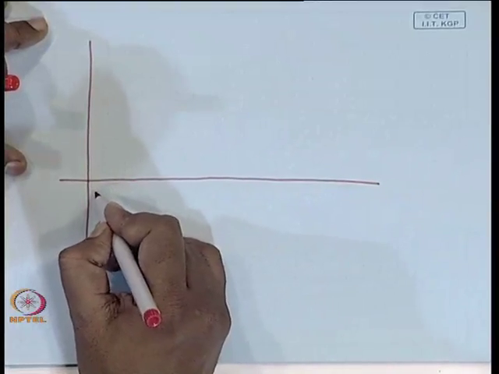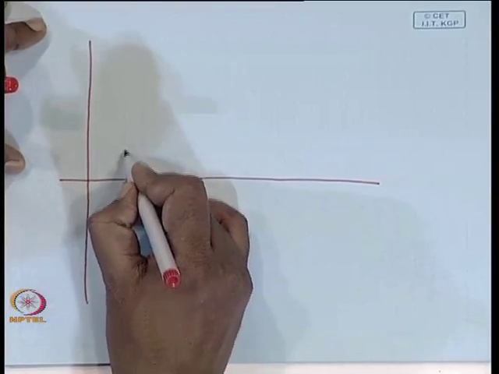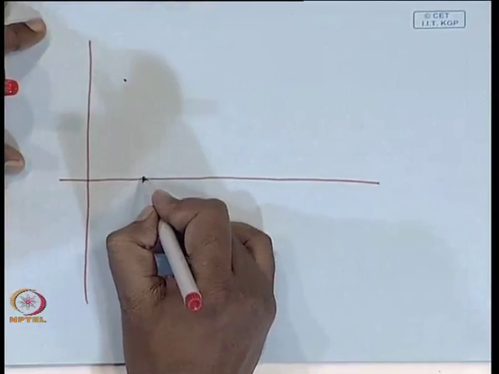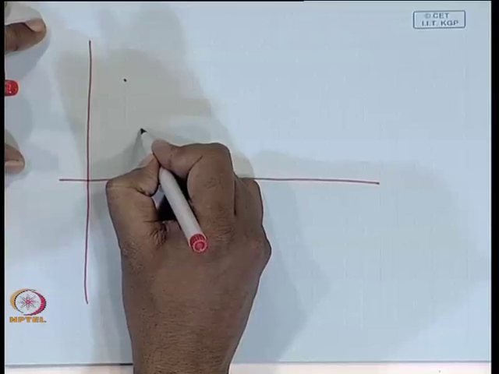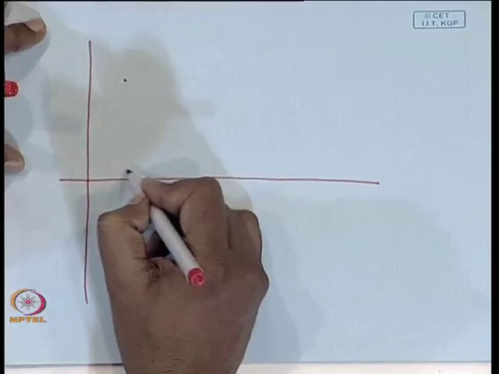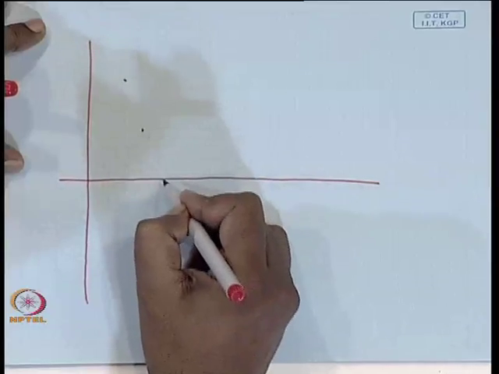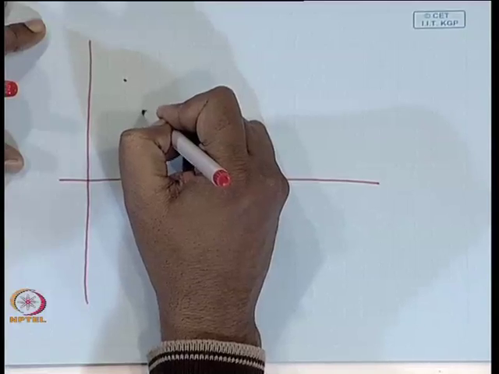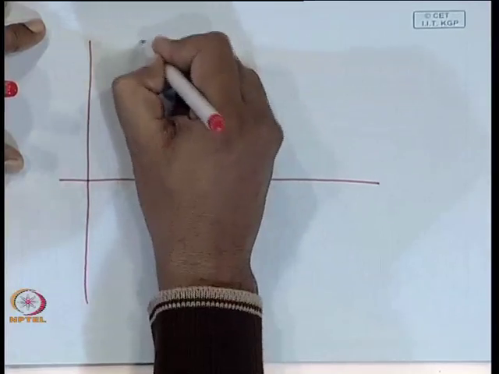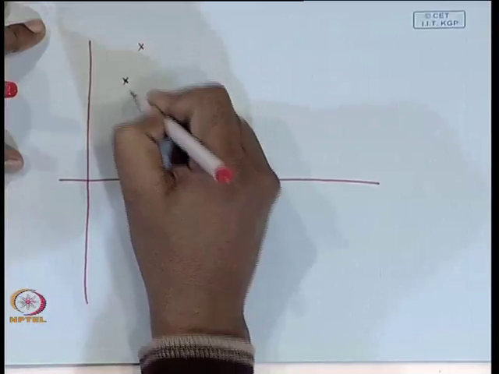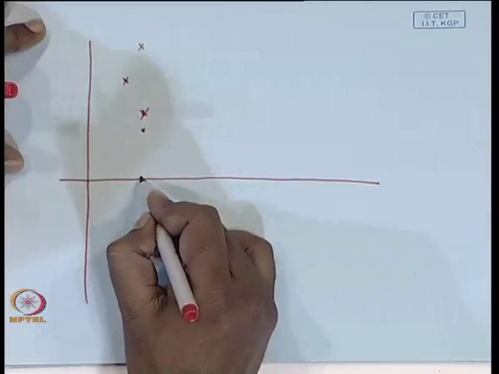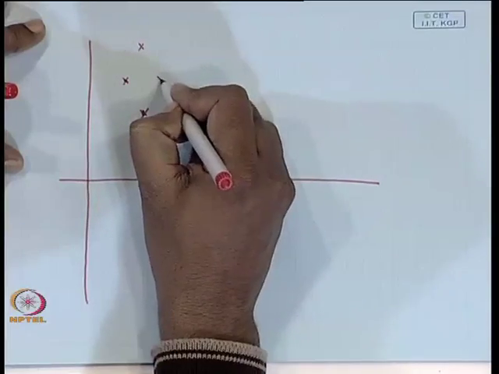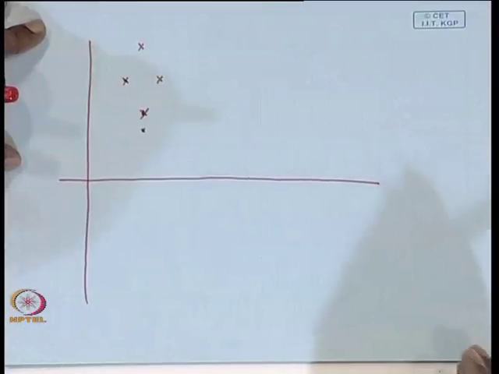So, I have points 2, 6, then I have points 3, 4, I have 3, 8, 3, 4 is here, not this. I have 3, 8. So, this is 1 point, this is 1 point, this is 1 point, and I have 4, 6, that is this point. So, these are the points which belong to class omega 1.